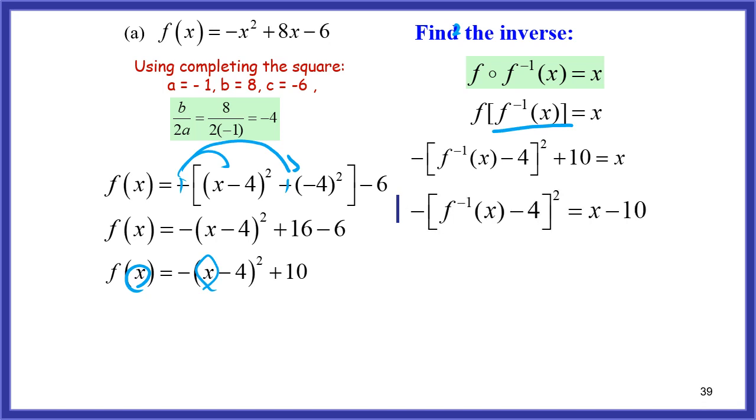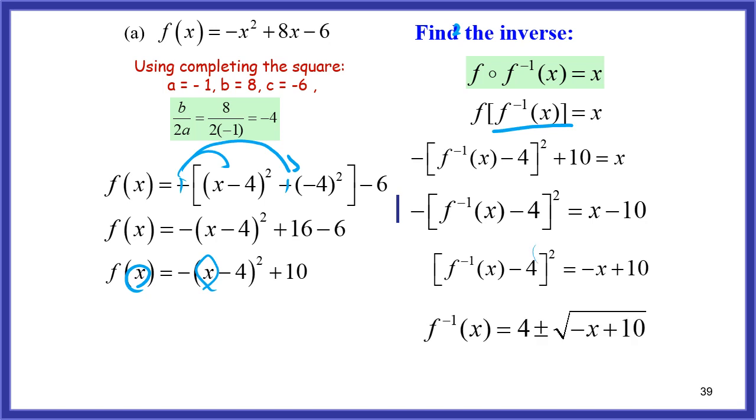So minus 10 on both sides, and then multiply by negative on both sides, and then eliminate the square here. So we have plus minus square root, and then this negative 4 will be positive on the right side. So we have f inverse of x equal to 4 plus minus square root of negative x plus 10.